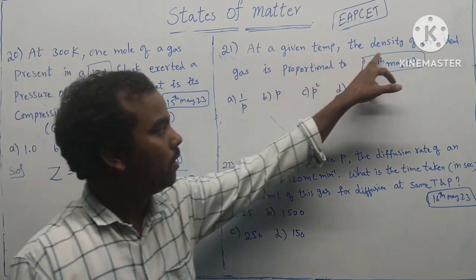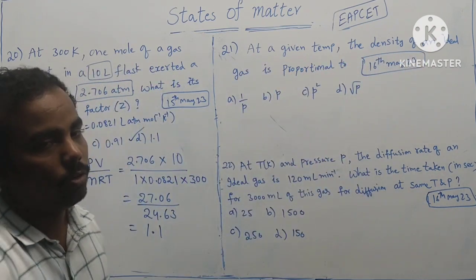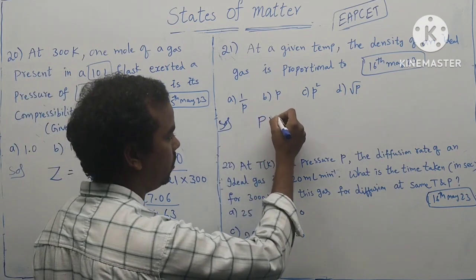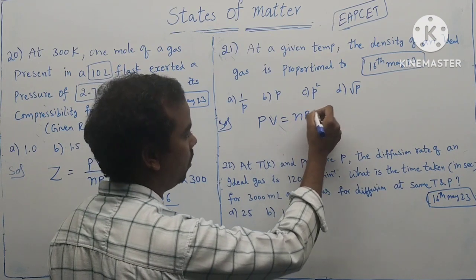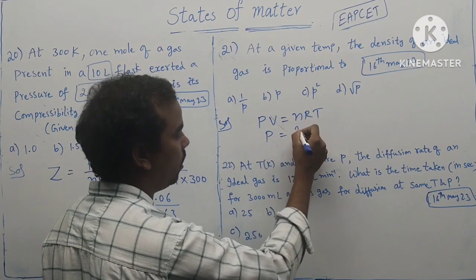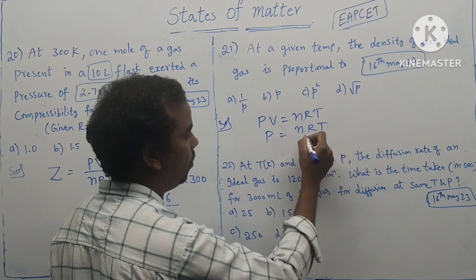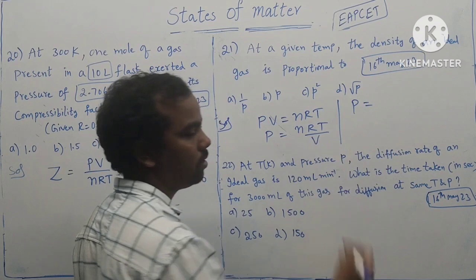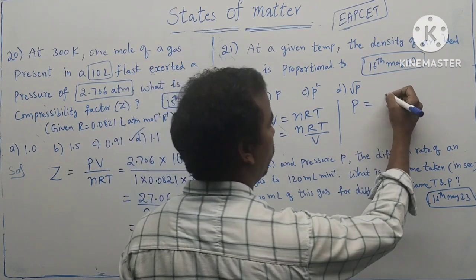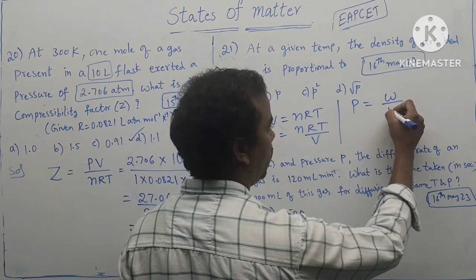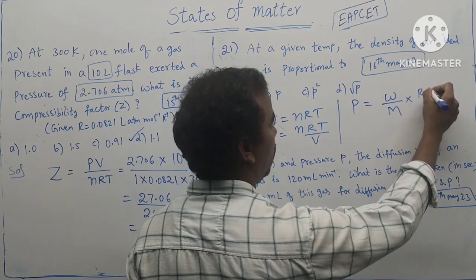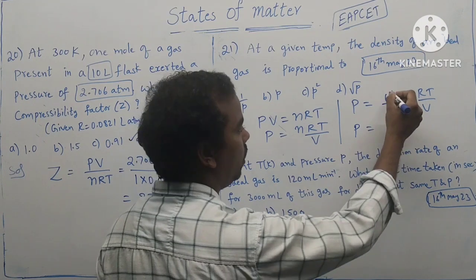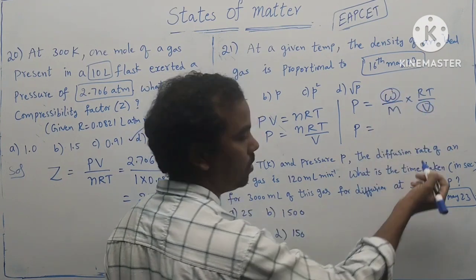At a given temperature, the density of an ideal gas is proportional to what? So first, what is the ideal gas equation? PV is equal to nRT. So P is equal to nRT by V. N means number of moles, and the number of moles formula is weight by gram molecular weight, into RT by V. Weight by volume means density.